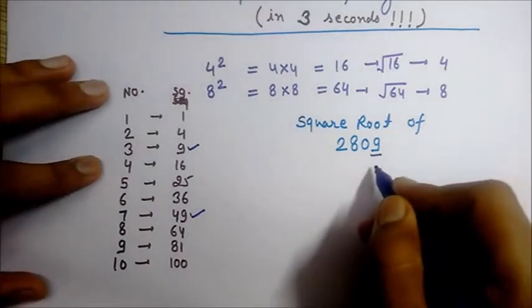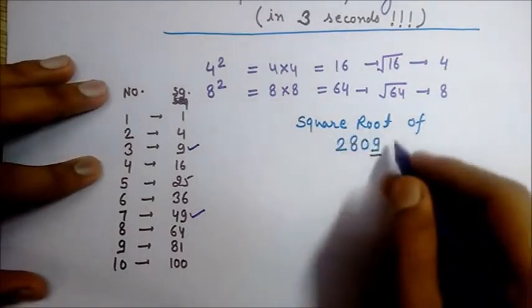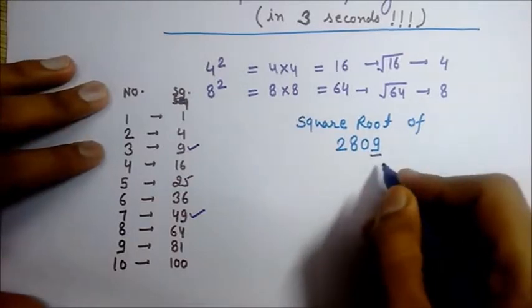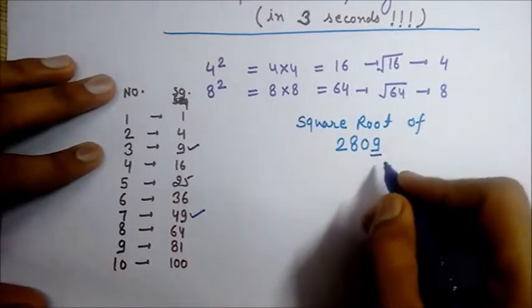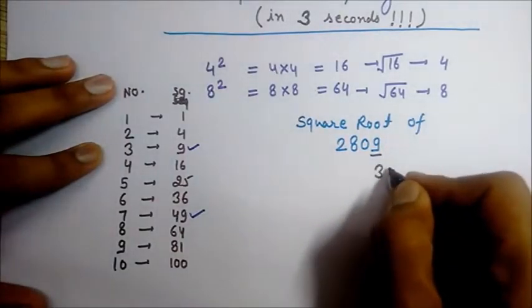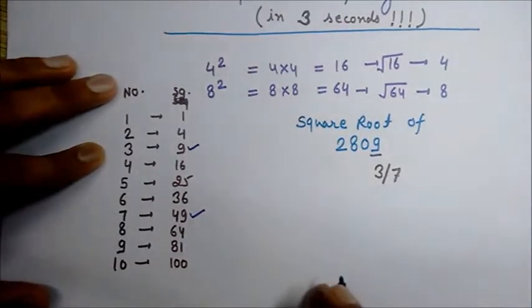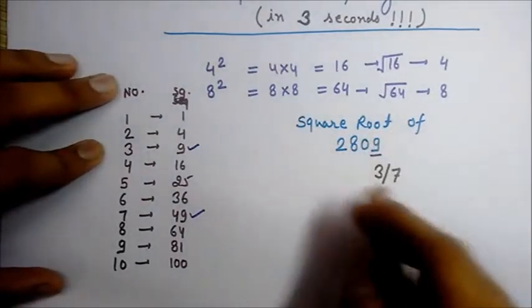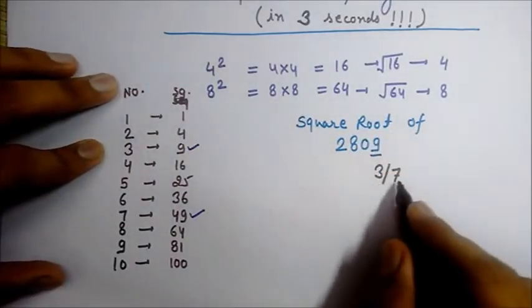So we know that in the square root of this number, the last digit of that square root will be either 3 or 7. We will check later whether it is 3 or 7.